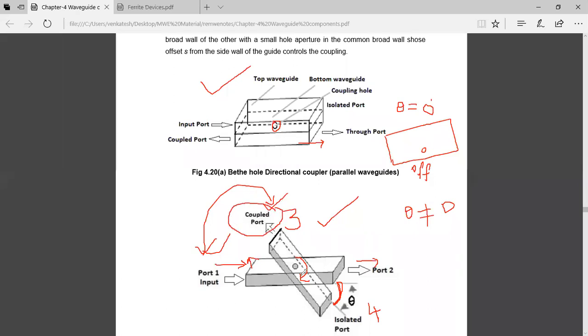Due to this alignment at a certain angle, no signal comes out of port 4, so it is an isolated port. The signal can also come out of port 2 and port 3, so when port 1 is the input, the outputs are at ports 2 and 3.